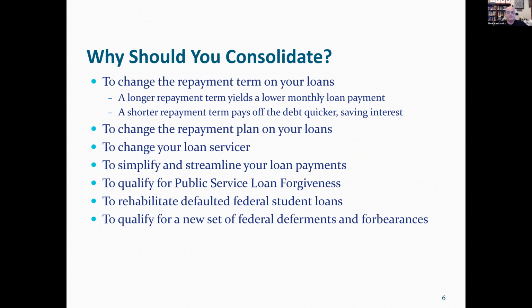And when the payment pause and interest waiver ends on September 30th of 2020, deferments and forbearances will be an option available to borrowers, as well as income-driven repayment plans. But if you previously had used up your deferments and forbearances, one option may be to consolidate your loans to get you a fresh set of those deferments and forbearances.